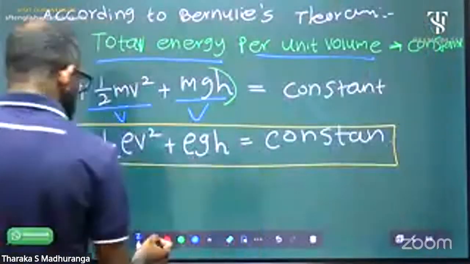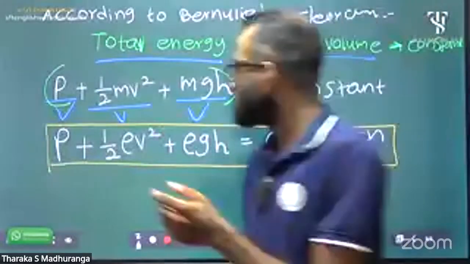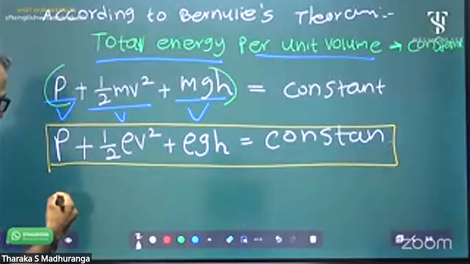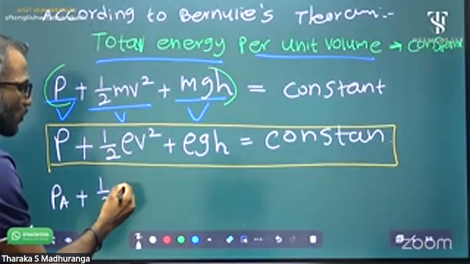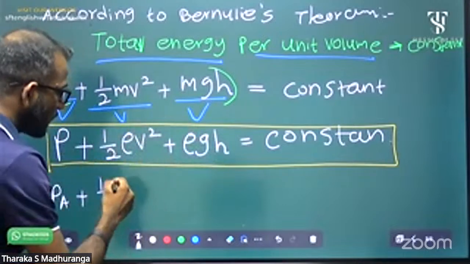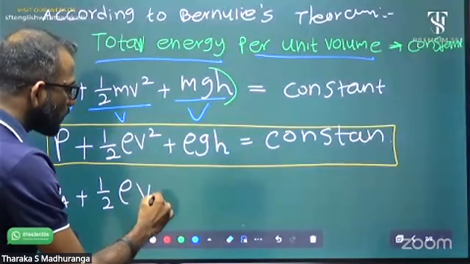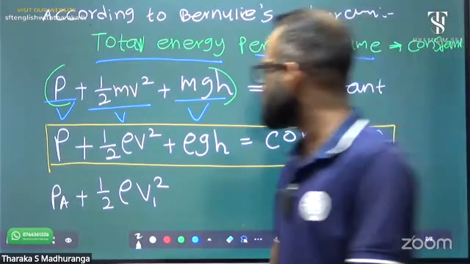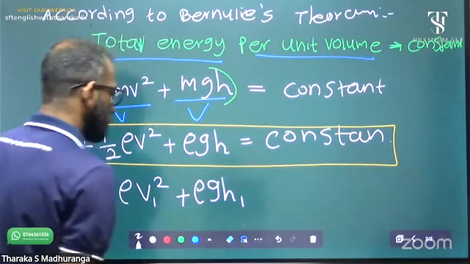Then I can say, for points A and B in the previous diagram, it is like this: PA plus half rho, meaning the fluid density, not the mass now, rho V1 squared, where V1 is the entering velocity, plus rho gh1.